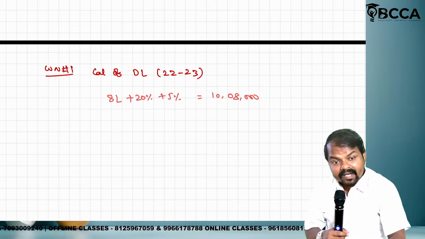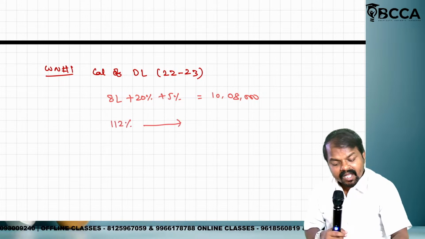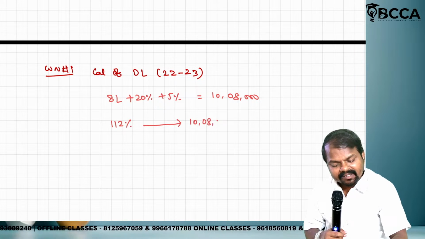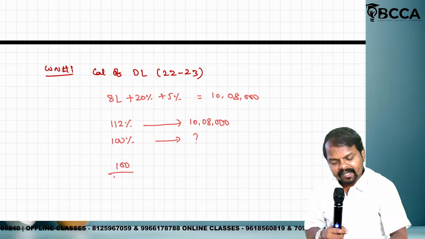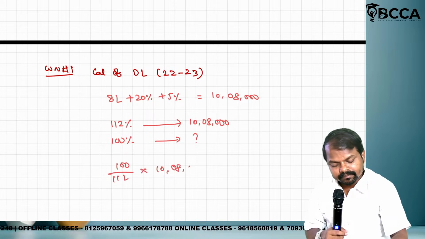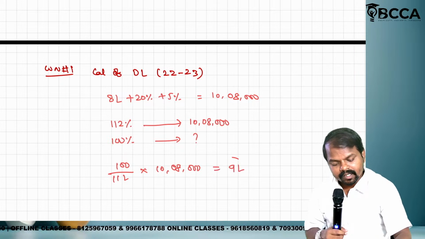Increased. It means, listen, 112% efficiency, our cost will be 10,08,000. For 100% efficiency, how much? 100 divided by 112 into 10,08,000. How much? 9.